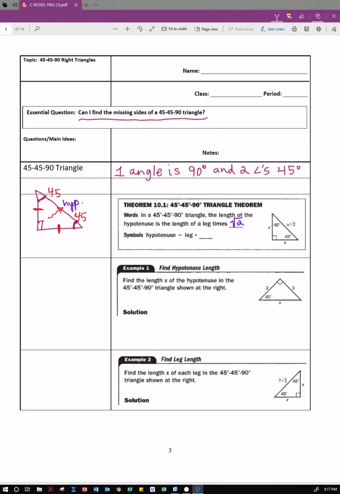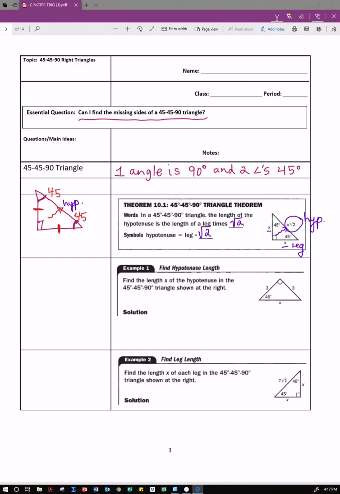Okay, but what we're going to know is that the two legs are the same, and if you multiply the leg times the square root of 2, you will get the hypotenuse. And always, what's across from the 90-degree angle? The hypotenuse. Okay, so making sure that you know what side is which.